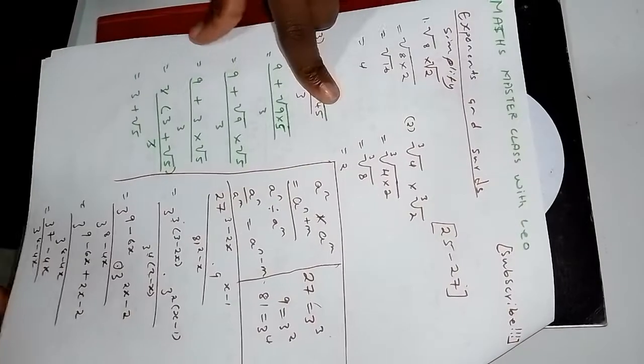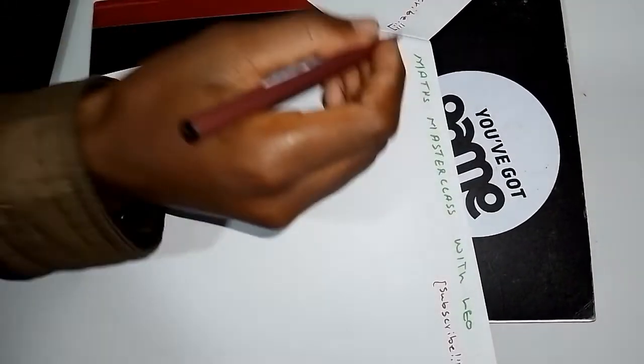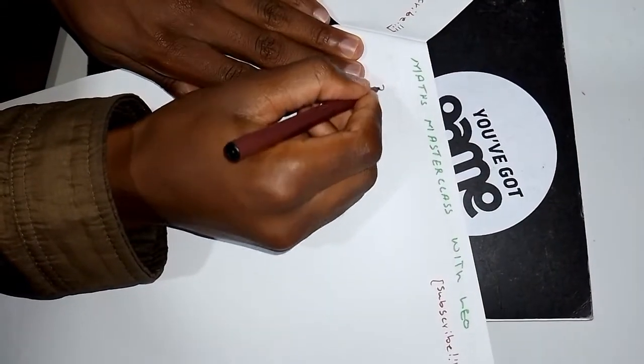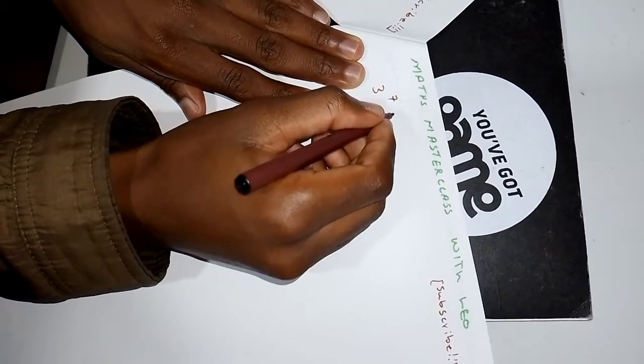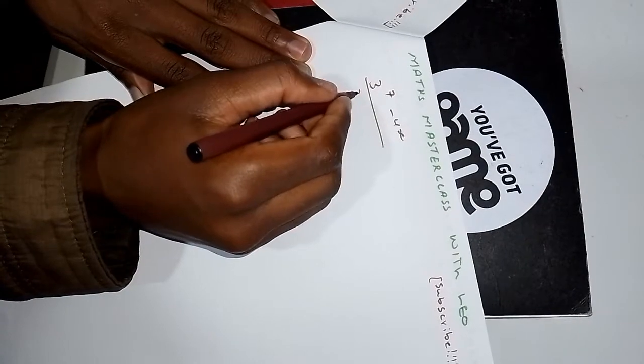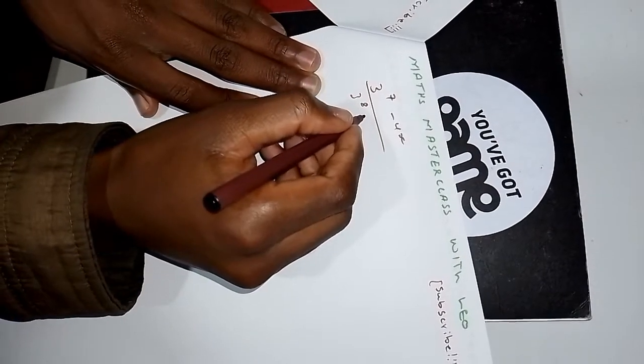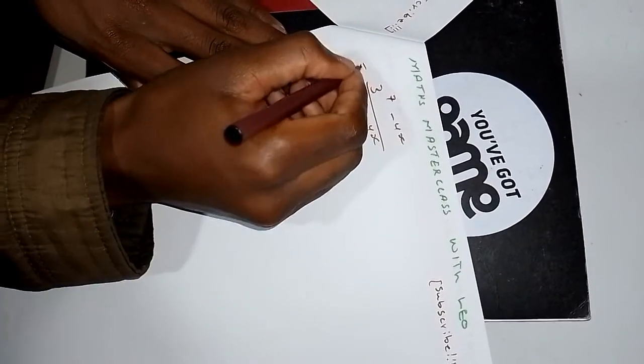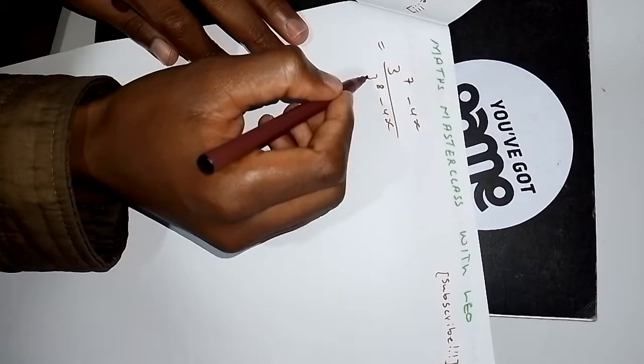Let me take it to the other side and write 3 to the power 7 minus 4x, so that everyone can see. And then I have a common base again.